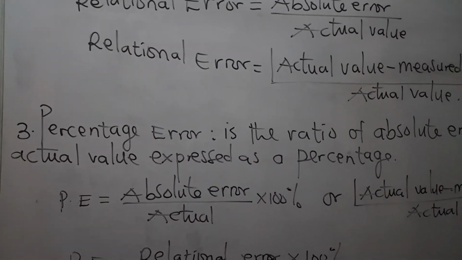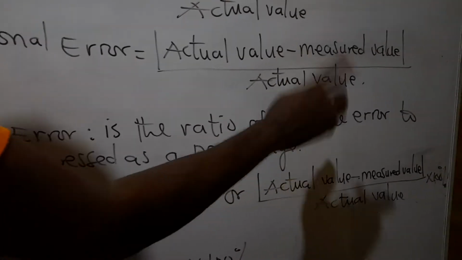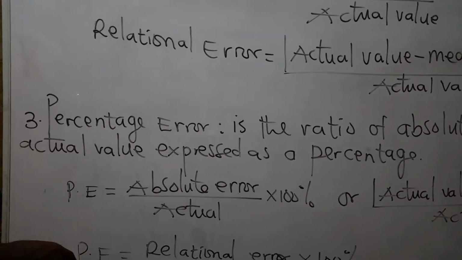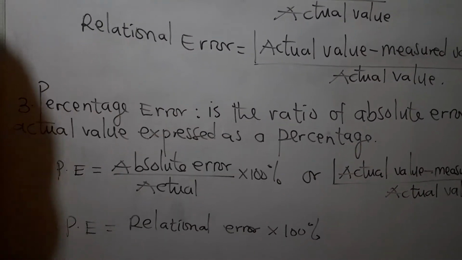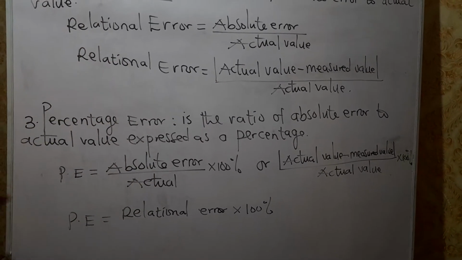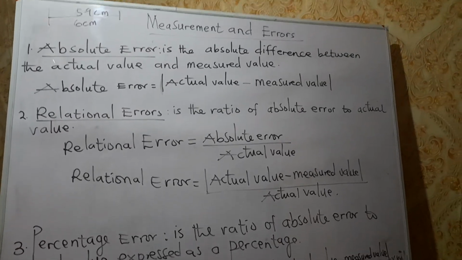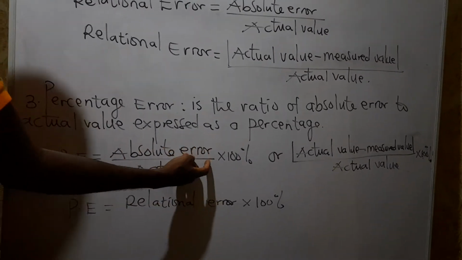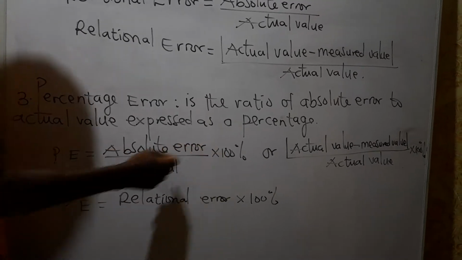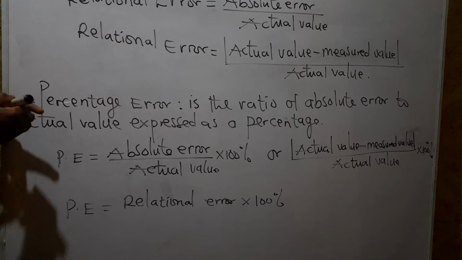Now let's go to the next one, which is percentage error. Percentage error is the ratio of absolute error to the actual value expressed as a percentage. So we say percentage error is absolute error over actual value times 100%.